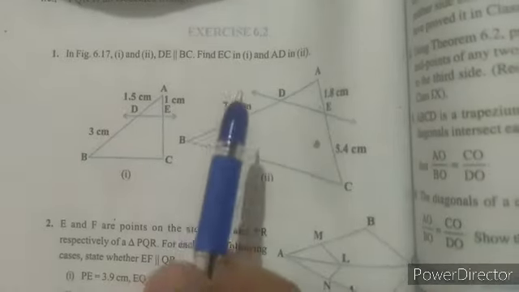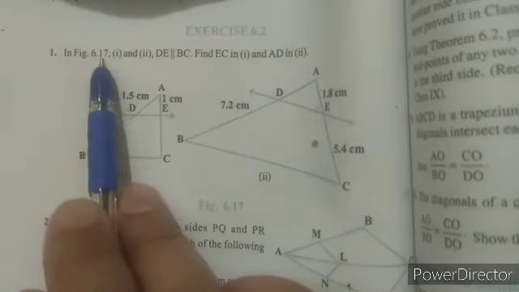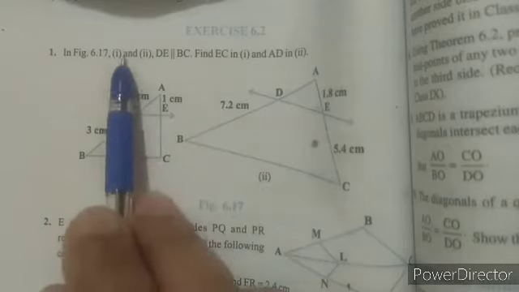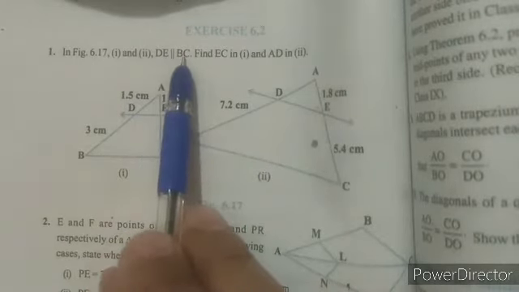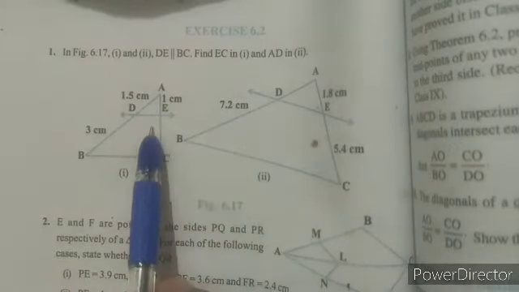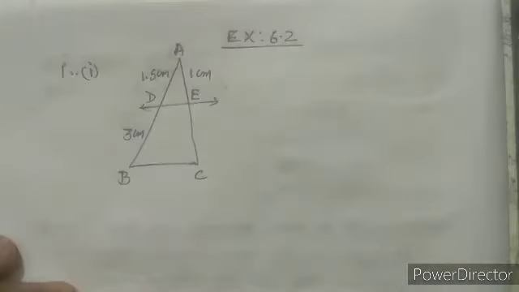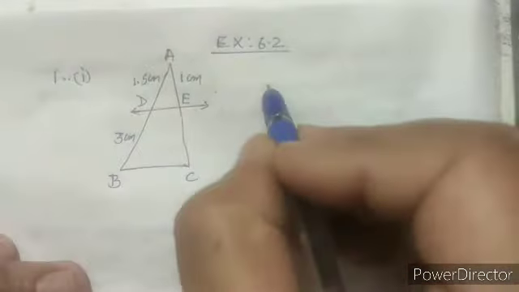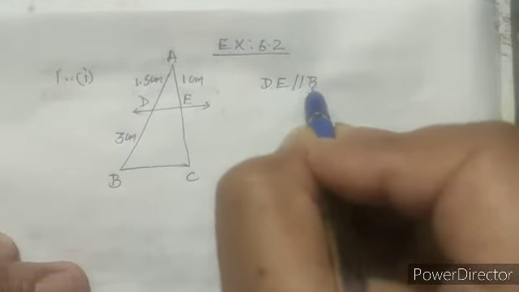Now in exercise 6.2, first question is in figure 6.17, first and second, we have to find, if DE is parallel to BC, then EC in first and AD in second. So I am doing first part of it. Here this DE is parallel to BC.